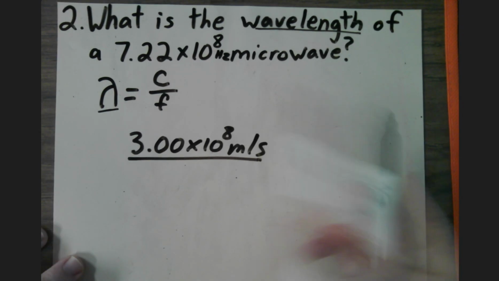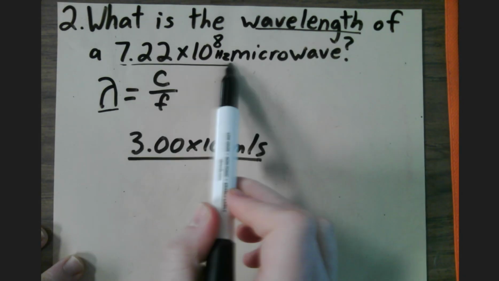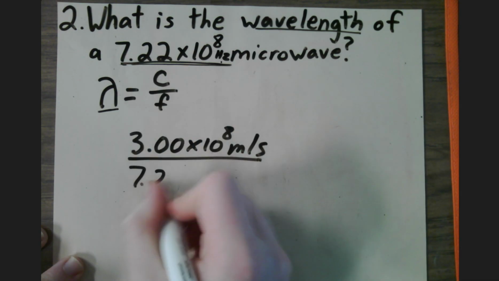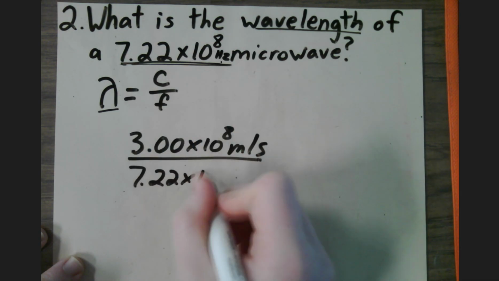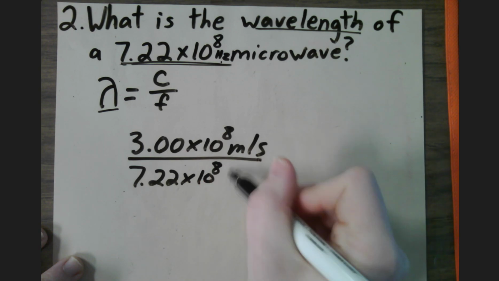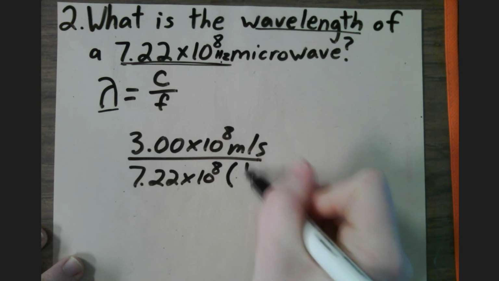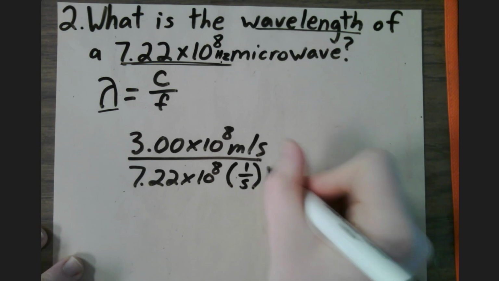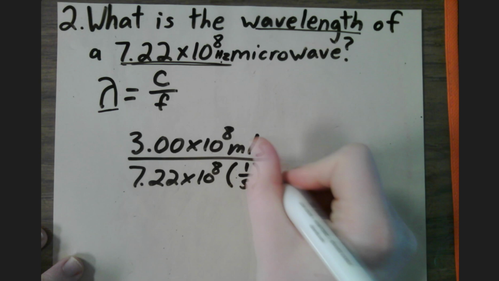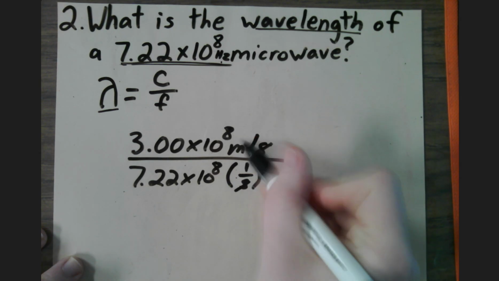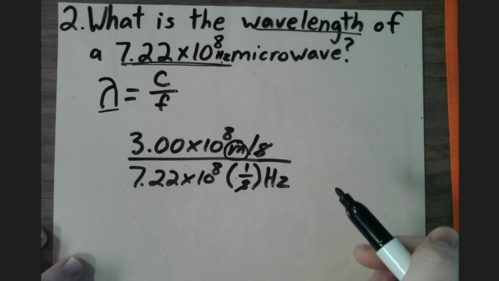Now on bottom, we're going to use this. This is our frequency in hertz: 7.22 times 10 to the 8th. And again, for our units, hertz is the same as 1 over s. You can write this or you can just write hertz, as long as you understand that these seconds cancel out and you are just left with meters.